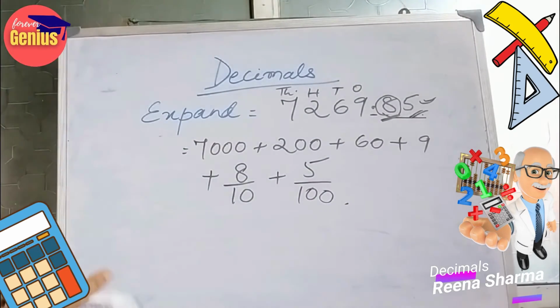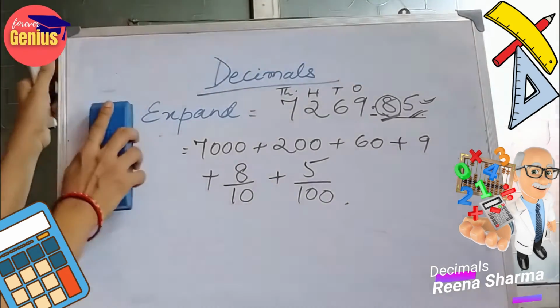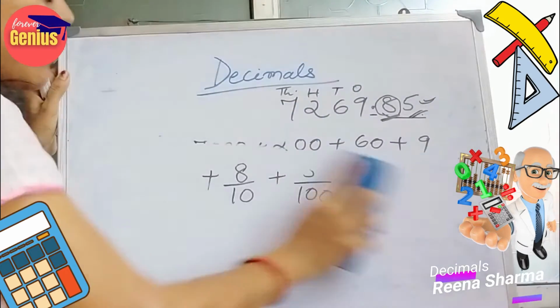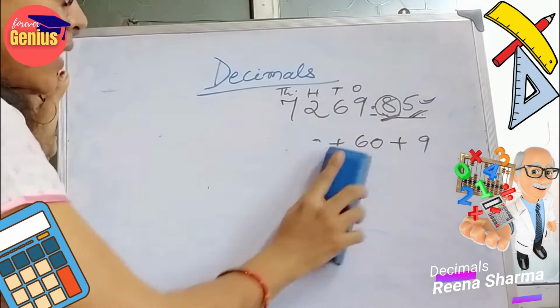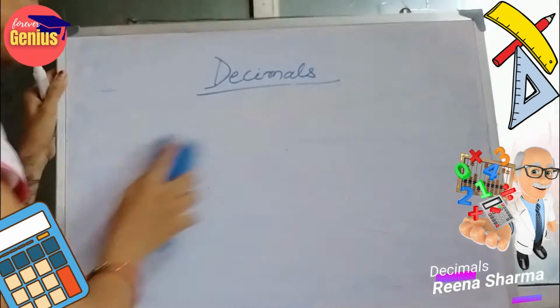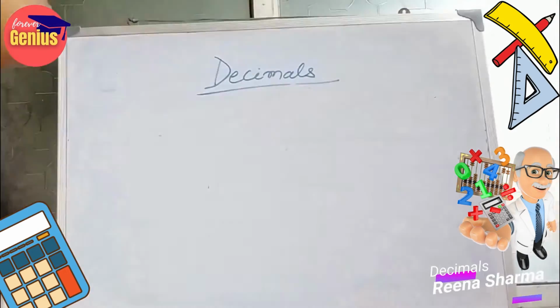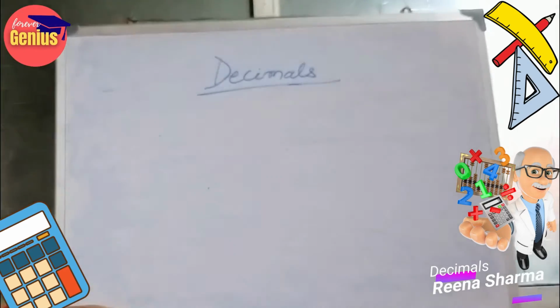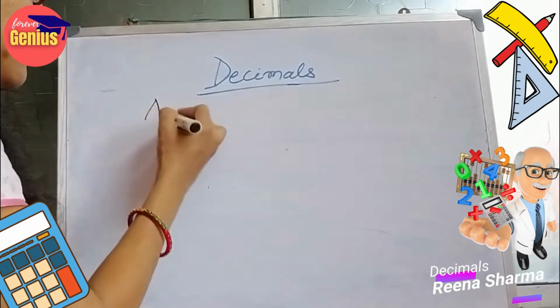Isn't it so easy? Now let's come to the addition part, where we basically make silly mistakes while doing the calculation because we don't know the correct place values of that. Now addition.